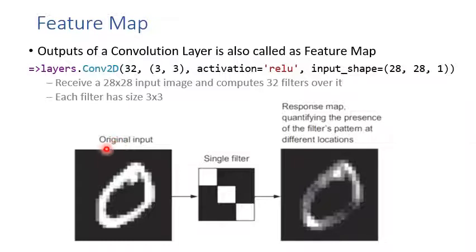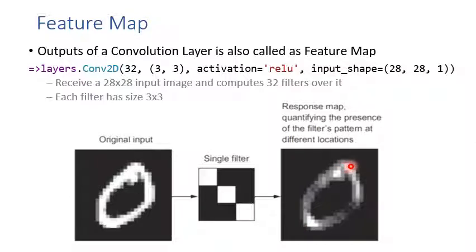Suppose we have an input image 0 on the left, and after applying a single filter which can extract the diagonal features, the output response map, also called the feature map, will be like this.